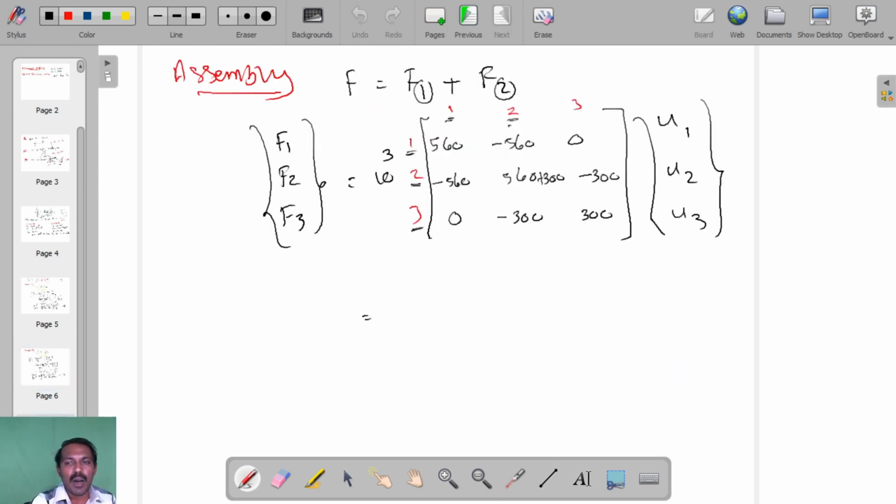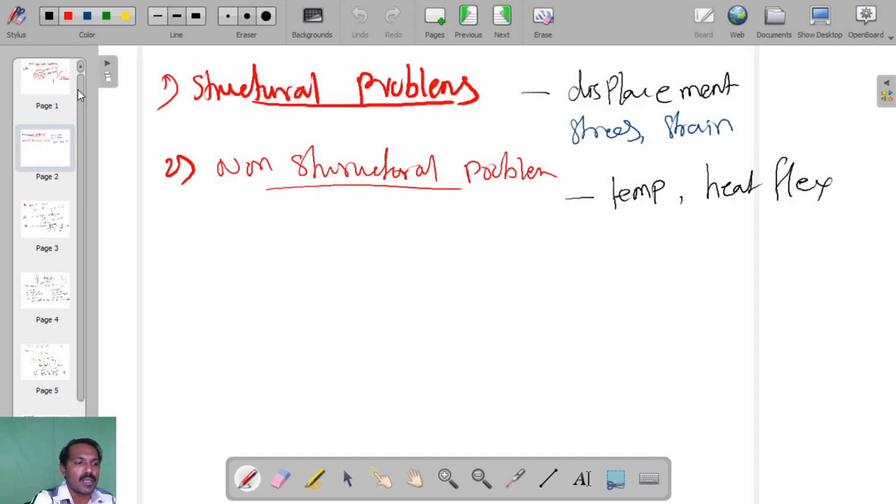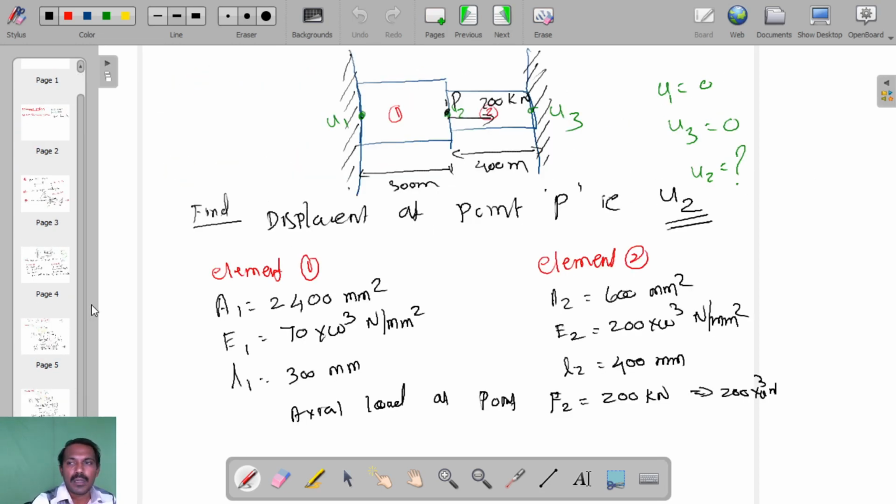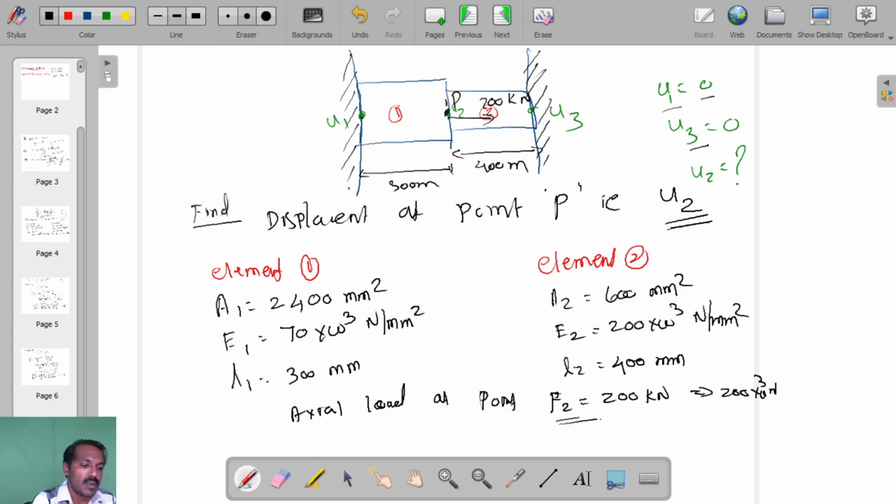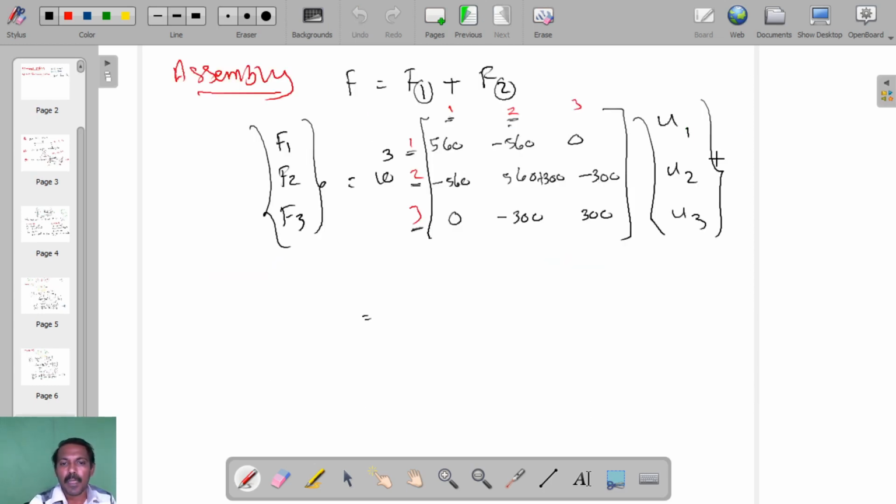Okay, let's put in all the values. We already discussed that u1 is 0 and u3 is 0. So we substitute these two values in the main equation. Then the f2 value: F1 is unknown, F2 is 200 times 10 power 3, and F3 is unknown.